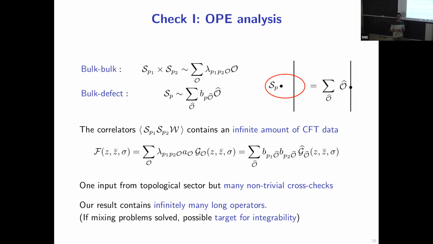But in principle, if you are able to unmix the CFT data, that could give nice input to integrability. So in principle, this type of setup should be captured by integrability because we are in a planar limit. And then we would be giving the leading lambda behavior at strong coupling. And you can also easily compute these things at weak coupling, but there should be some description that interpolates in between, and perhaps some integrability people could do it. So I don't know how hard this would be, to be honest.